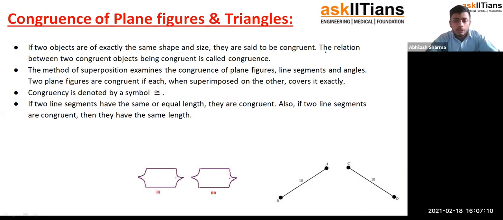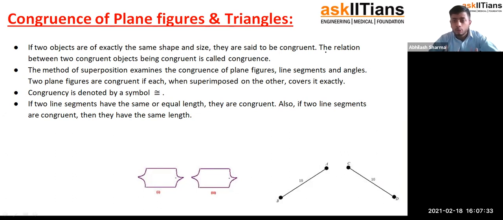If two objects are of exactly the same shape and size, they are said to be congruent. Very important. They should be exactly of the same shape as well as the same size, right? Then they will be said to be congruent. The relation between two congruent objects is called congruence, right?